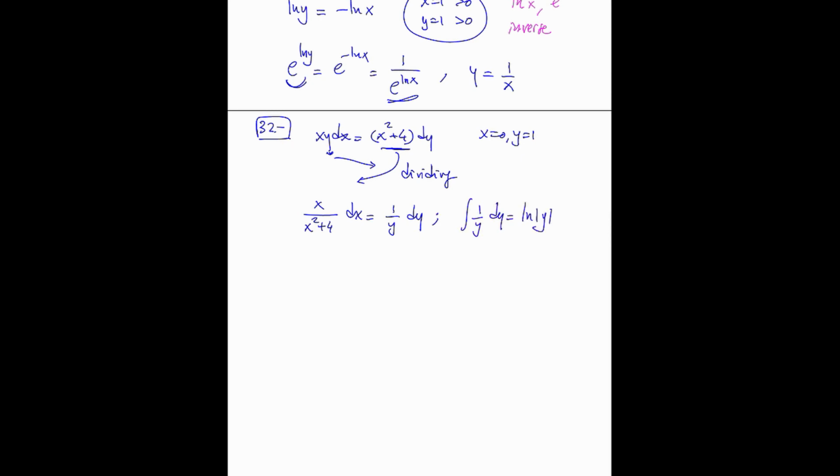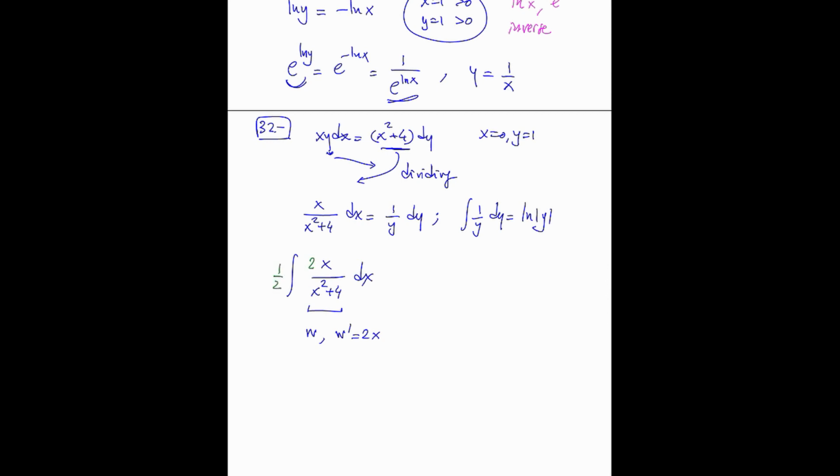Left hand side we have the integral of x over x squared plus 4 dx. Now the derivative of this, if this is w, the derivative of this is 2x. So we have to put a 2 here, and we put a 1/2 outside.